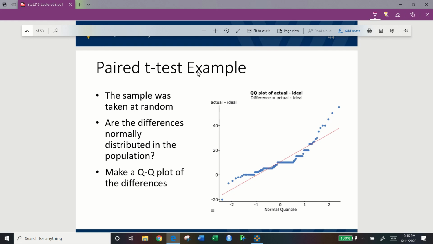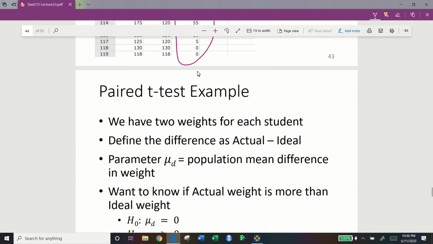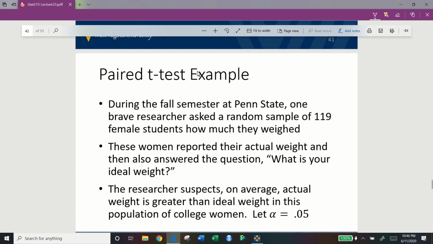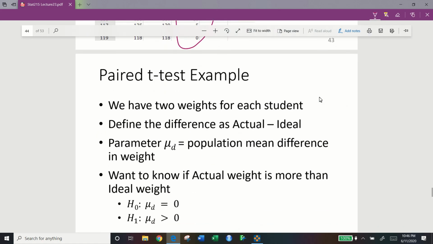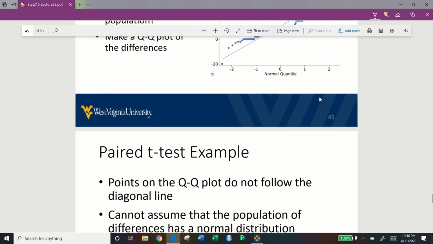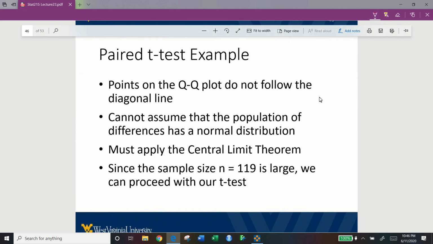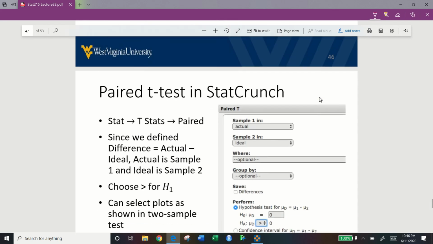However, as we've discussed previously, if our sample size is large enough, the central limit theorem kicks in, and if I recall, we had quite a large sample size of 119 students. So even though this isn't a great QQ plot, I'm going to go ahead and say that it is appropriate to use our paired t-test. Everything I just said is written on slide 46, just in case you didn't believe me.